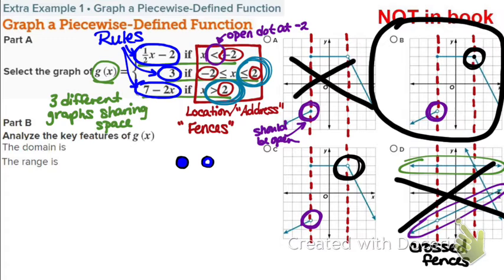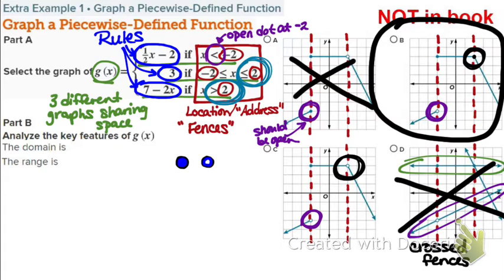I come over here into this yard. Is there graph over here, or is there a gap? There's graph there. When I'm checking this domain, especially if I have those fences in there, I'm just making sure that there's not an empty lot anywhere. Does that make sense? I want to see that there's a graph or a function living in each of the lots side by side.